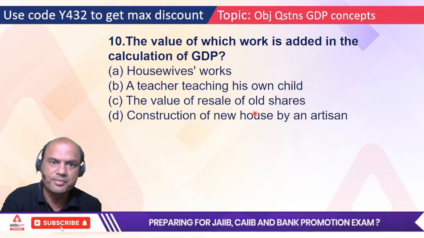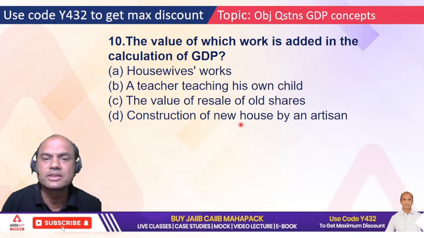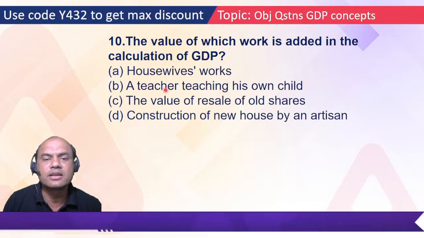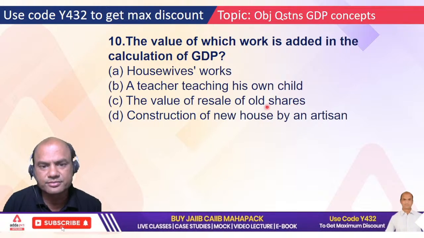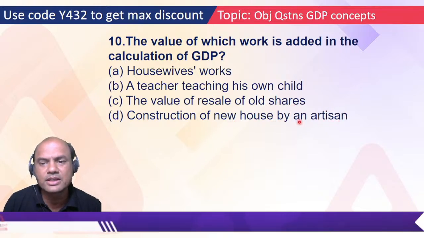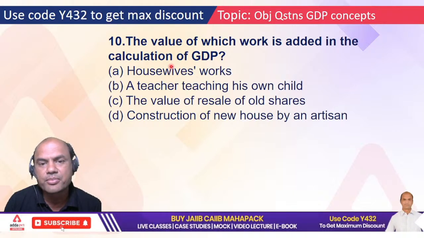Okay. The value of which work is added in the calculation of GDP? These are the simple works: housewives work, teacher teaching his own child, value of resale of old shares, construction of a new house by an artisan, basically a mason you can call it. So which one will add up to GDP?